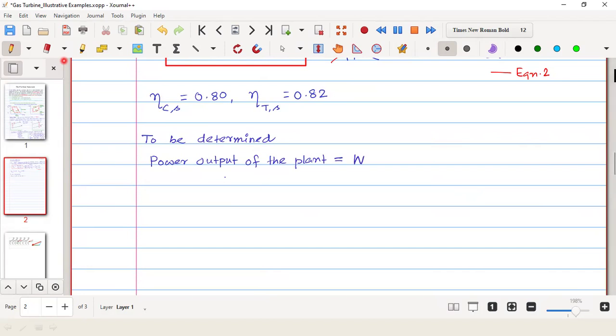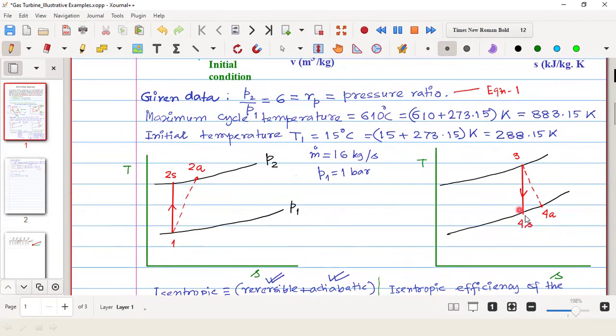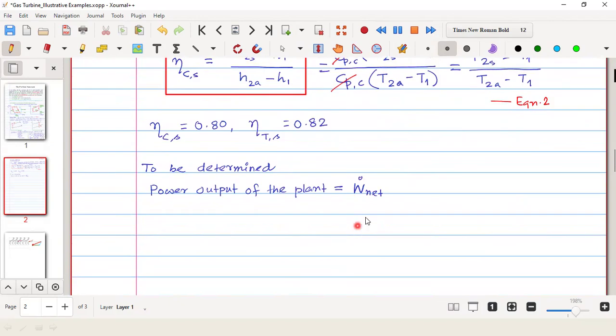Basically, W dot net, net power out. Net means basically, finally, the turbine work output will be positive and compressor work input will be negative. So subtracting the compressor work input from the turbine work output, we will get the net work output. So this power output is related to the subtraction of the compressor work from the turbine work output and taking in proper rate, that is per unit time.